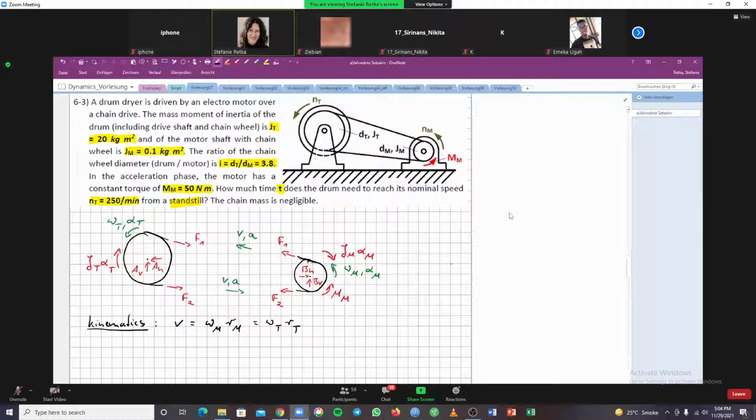Okay, now we do not have the radius given. The diameter is given of drum and motor. And that's why I will rearrange this equation using the diameter: omega m times dm over 2 is equal to omega t times dt over 2.